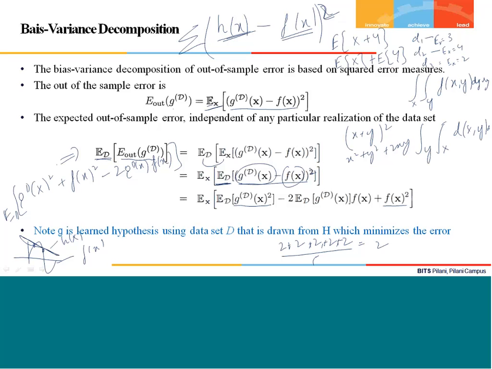So f(x) is constant with respect to E_D, so it stays the same and gets outside. Since 2 is constant, 2 comes outside of E_D, and f(x) comes out of E_D, and this E_D will act on the expected value containing g_D(x), right?